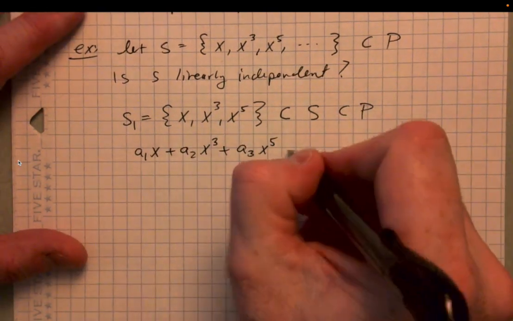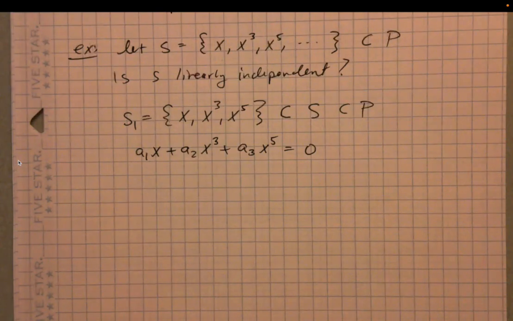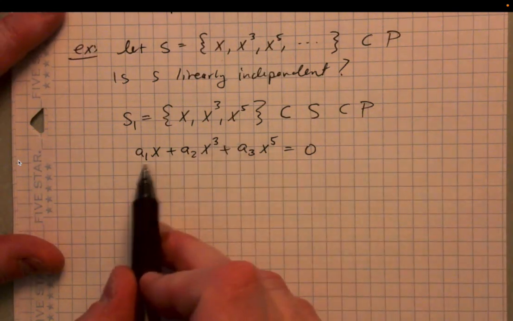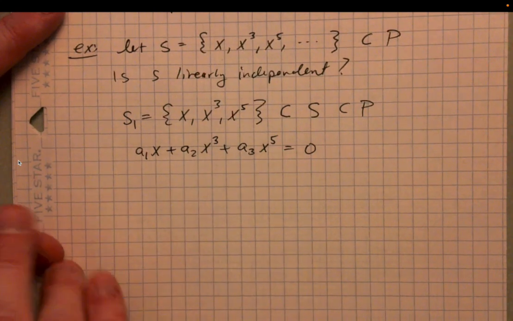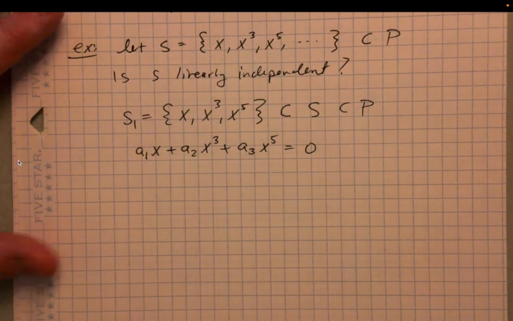And if I set that equal to 0, what possible values of a1, a2, and a3 are even allowed here, would even work? Well, this is only going to be true if a1, a2, and a3 are all equal to 0.